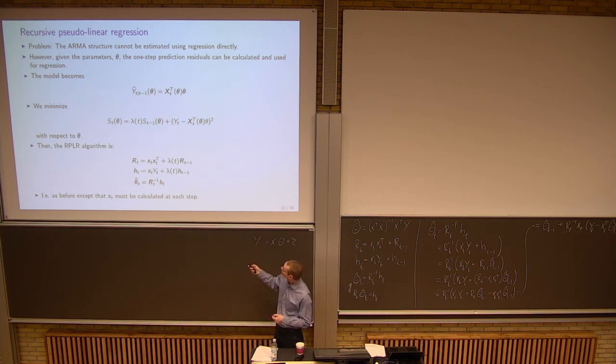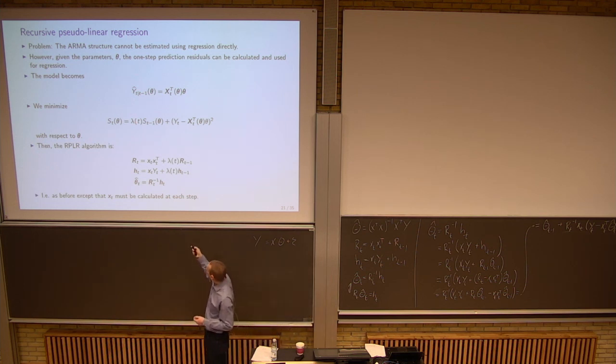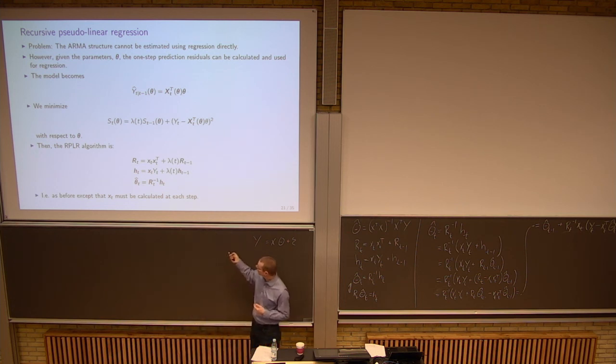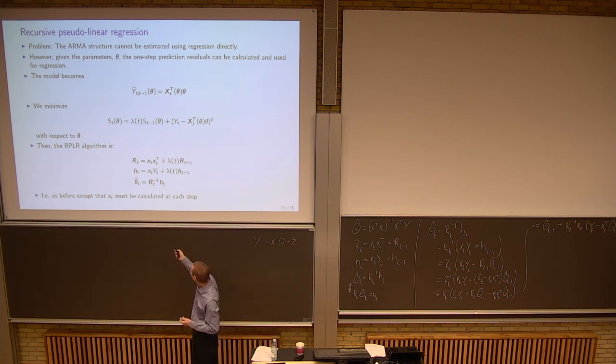So if we want to do it with memory as well, what we do is that we forget the past and we add the squared one-step prediction error for the current time. And then we run that, and the algorithm for the recursive pseudolinear regression model is exactly the same as before, except that now the xt here depends on the theta.